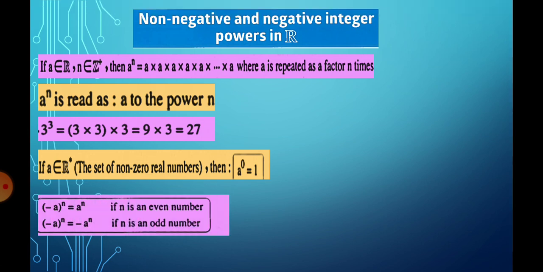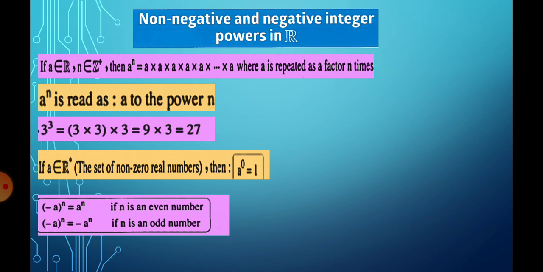If the base is a negative number, then negative a to the power n, if n is an even number, will be a to the power n. Why? For example, negative a to the power 4 means multiply negative a by itself 4 times.